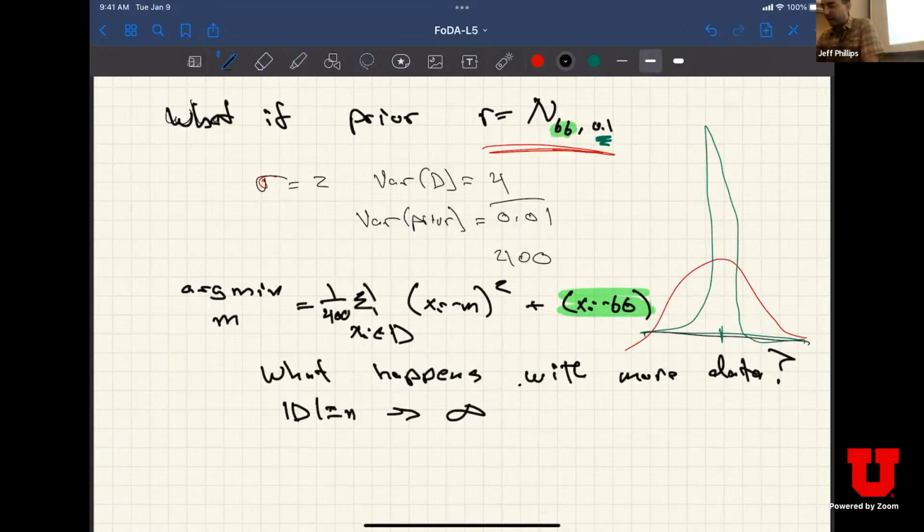Let's say I collect data from every student who's ever been at the University of Utah. Maybe that's 100,000 students, I don't know what the number is. As I get to 100,000 students, well, 100,000 divided by 400, this is still going to be 2.